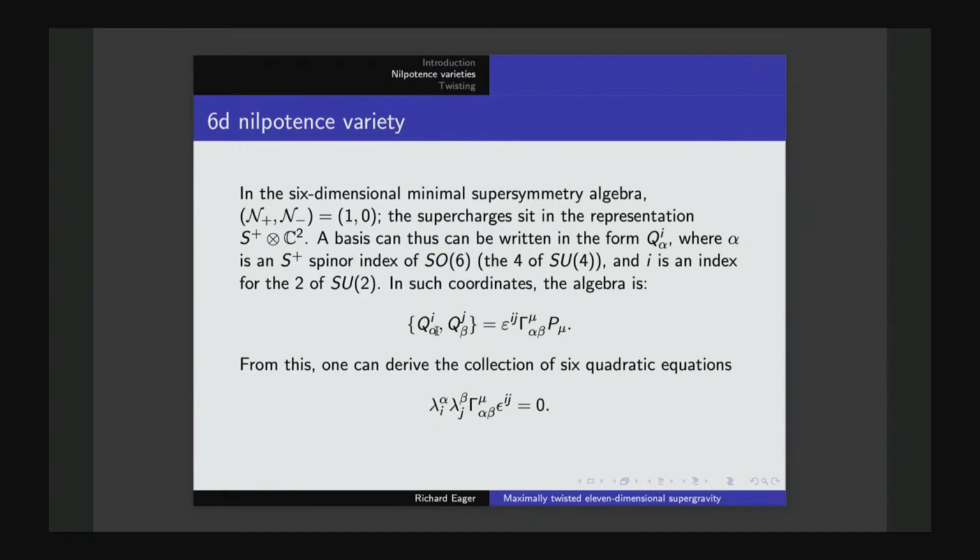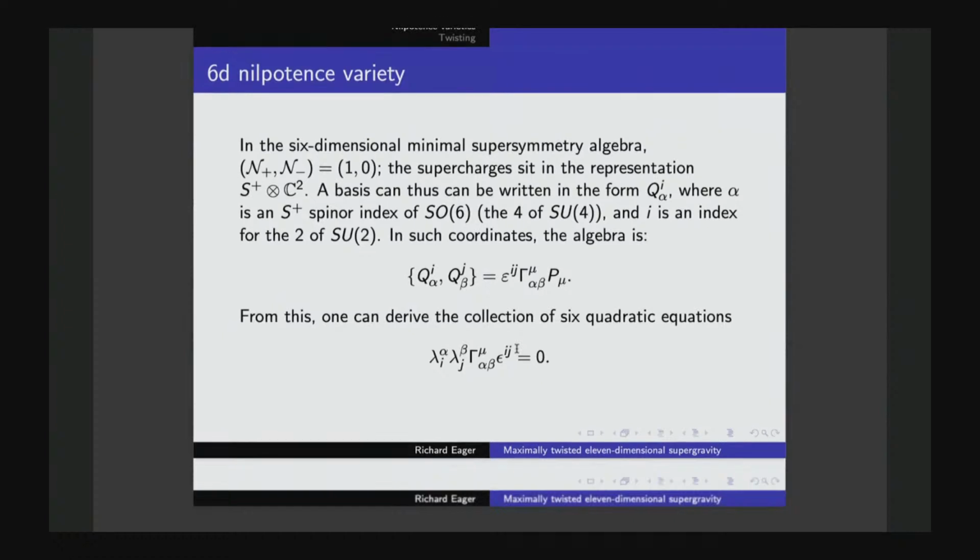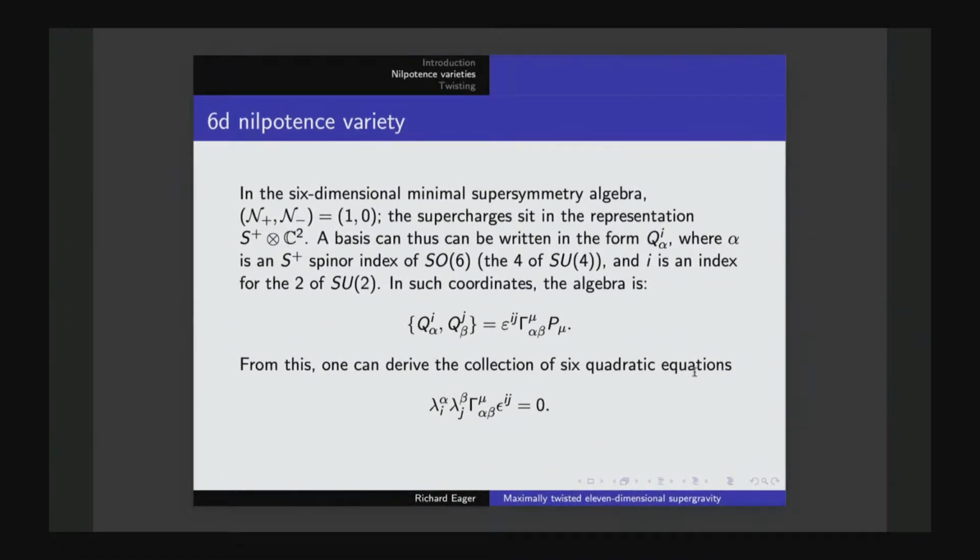The Q's are in the spinor representation, but they also have an R symmetry index I. And this super bracket immediately leads to 6 quadratic equations, which describe the nilpotence variety.